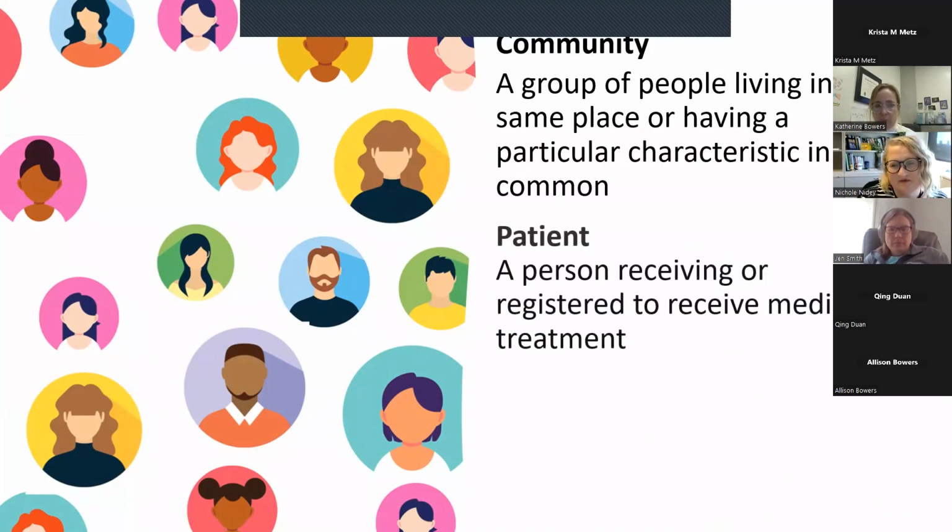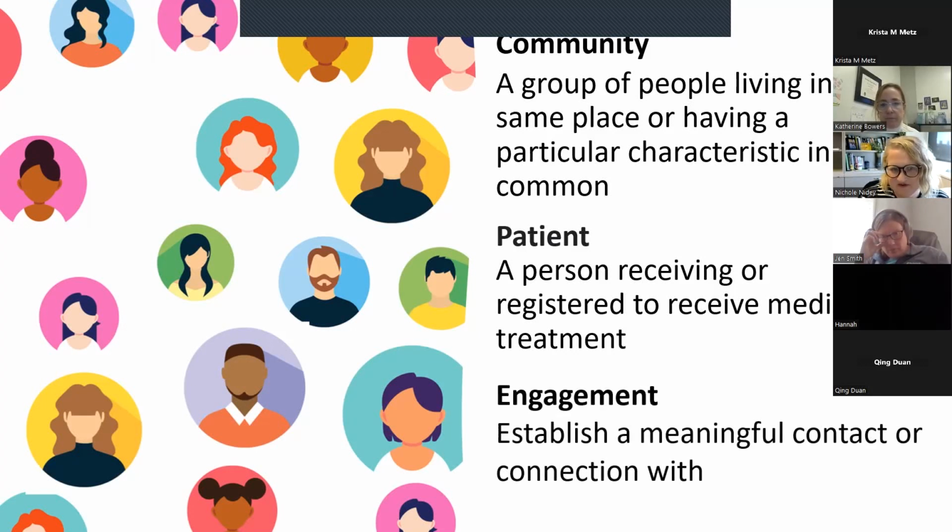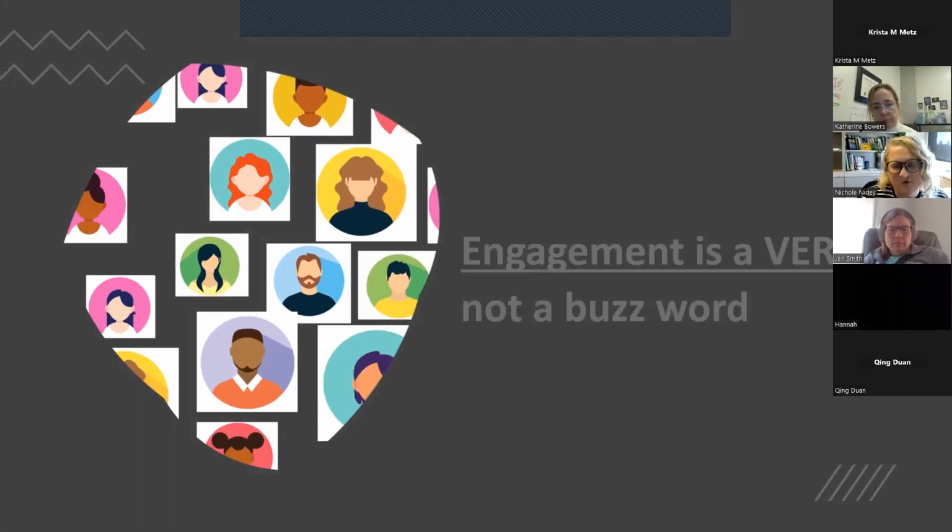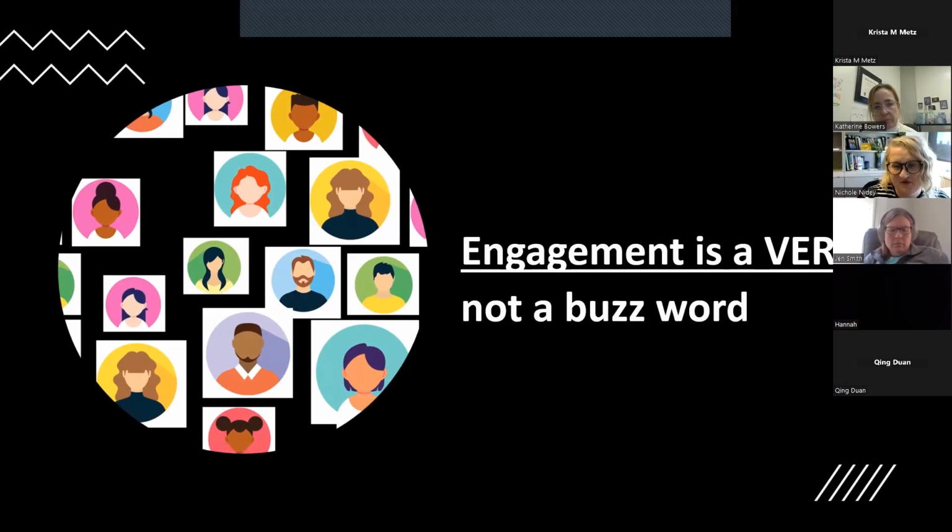Next is a patient. So a patient is a person that's receiving or registered to receive medical treatments. This is also a noun. And then we have engagement. This is our first verb in these three words, and it means to establish a meaningful contact or connection with. I want to do a quick shout out for everybody to know that engagement is a verb, it's an action verb.